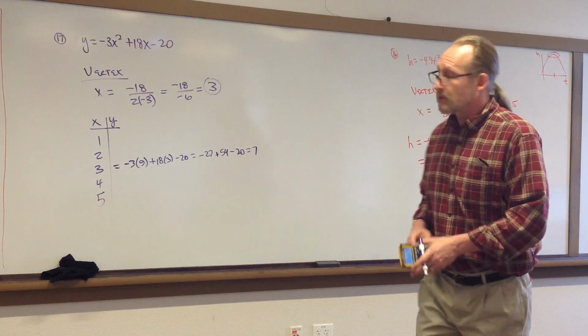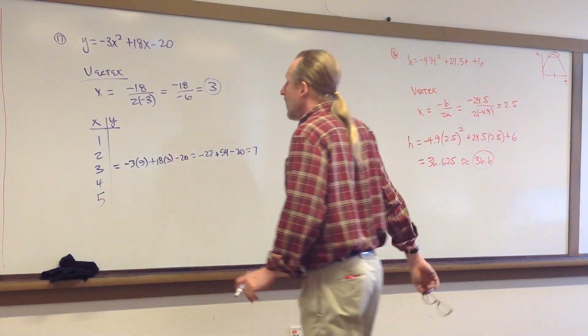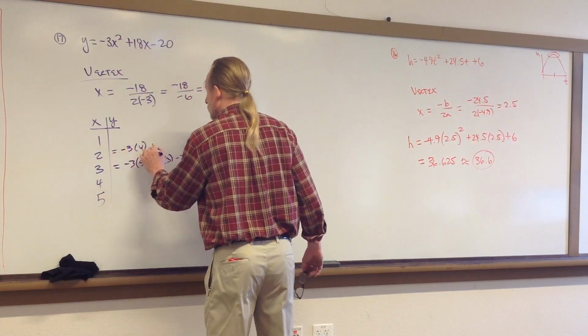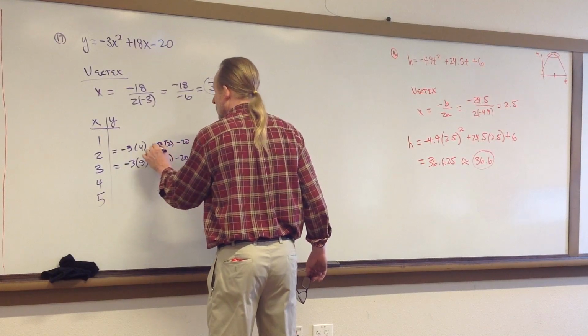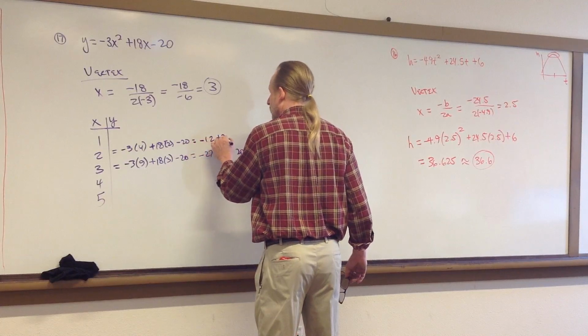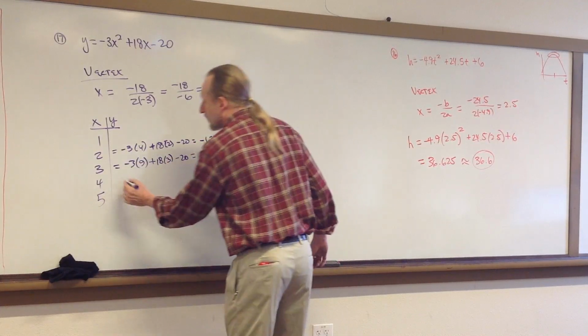Okay, positive 7. Good. All right, so for 2, we're going to have negative 3 times 2 squared plus 18 times 2 minus 20. So negative 12 plus 36 minus 20, that should be 4. Now this one should also be 4.